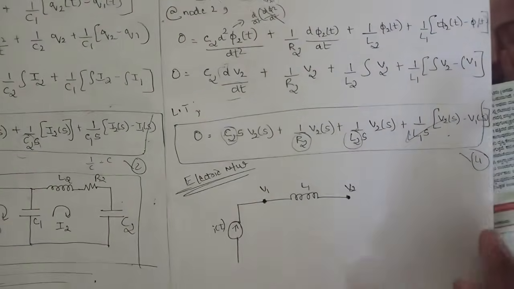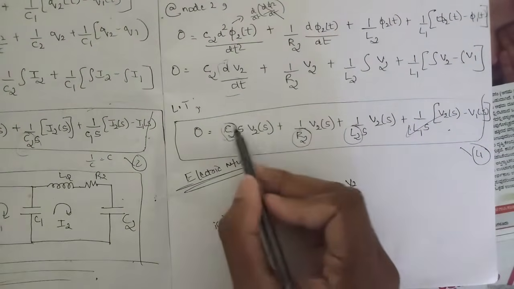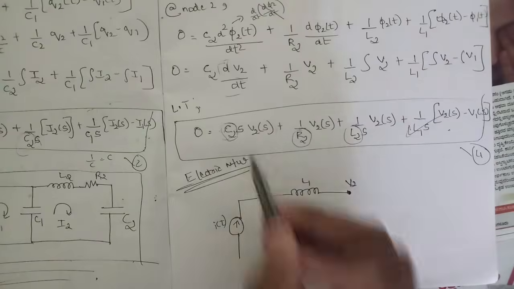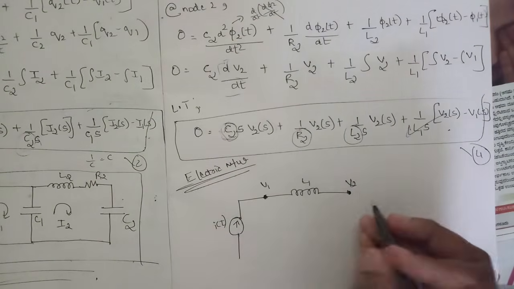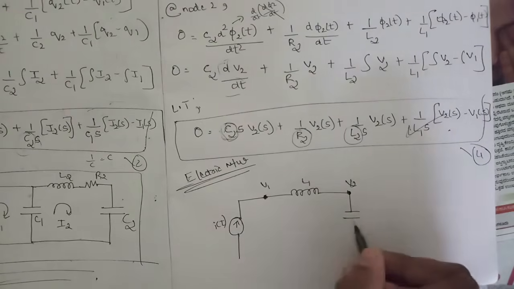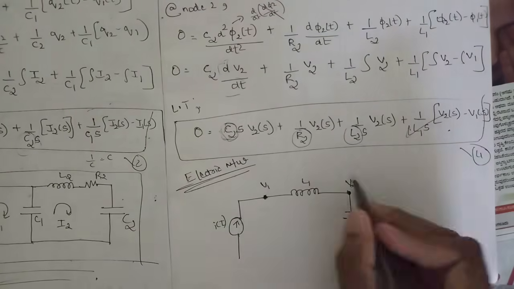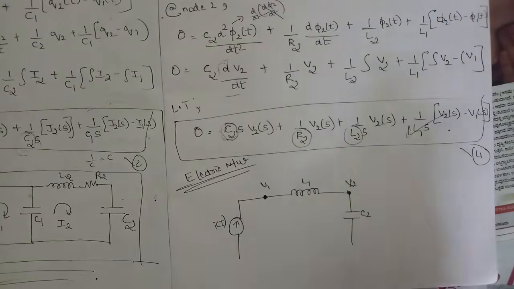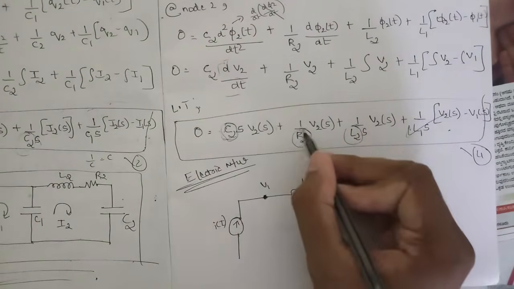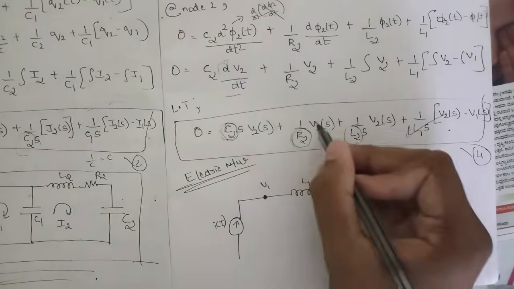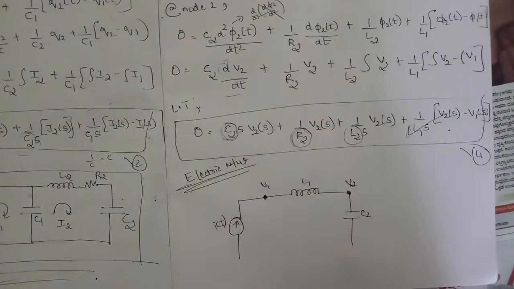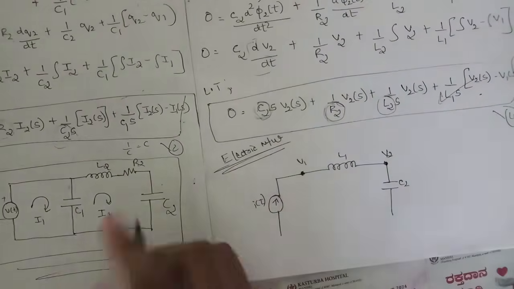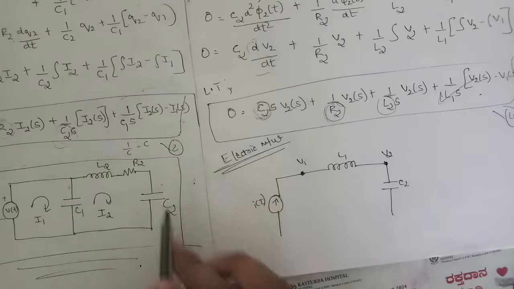Okay. So now we know that C2, along with that we have V2 of S, that is C2 is attached to this node V2, so mark it as C2 here. Across this node, that is the V2 node. The second part is 1 by R2, that is R2 is in the node V2, and we know that in FV analogy, in this loop, we put these components in series, right?